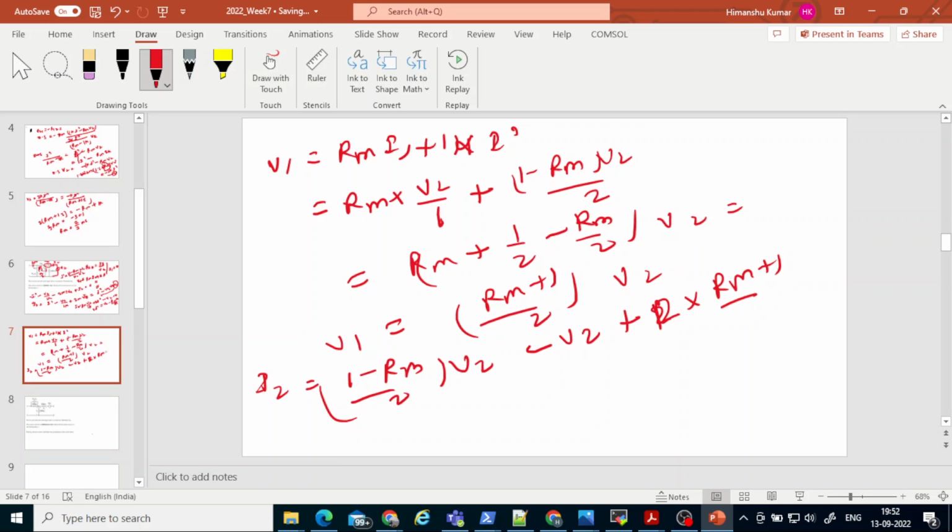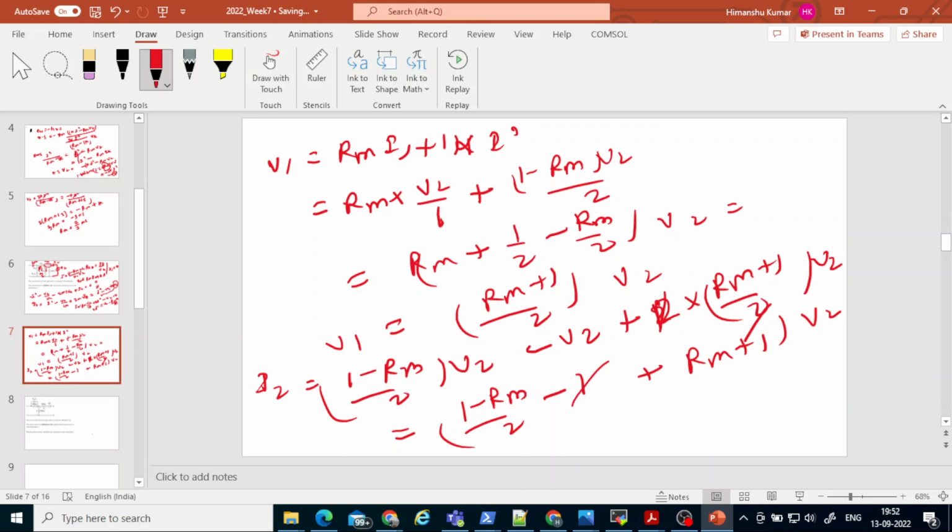Okay. So now we can take out the V2 as common. So 1 minus Rm by 2 minus 1 plus 2, and the 2 cancels, so Rm plus 1, times V2, and this 1 and 1 got cancelled, so it will be equal to Rm plus 1 by 2 times V2.